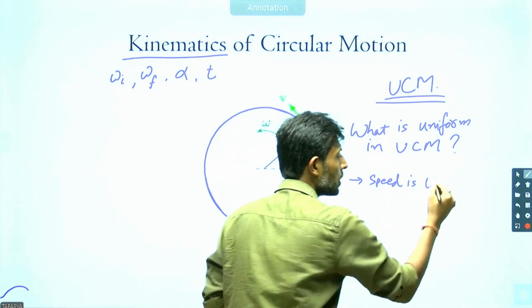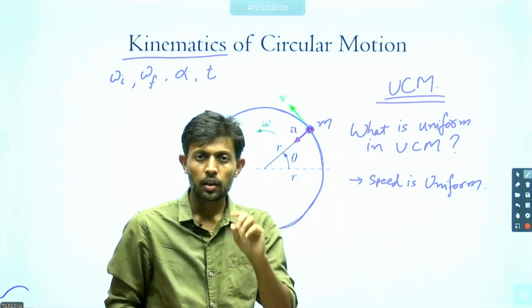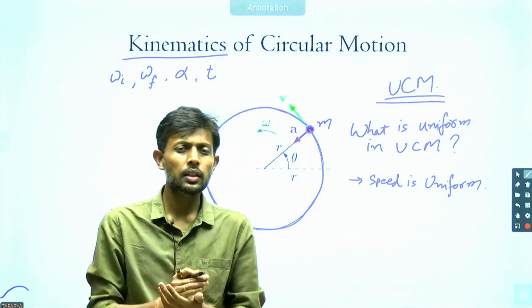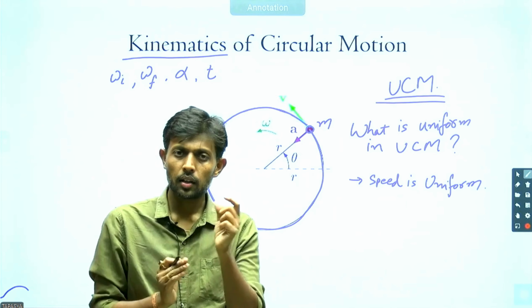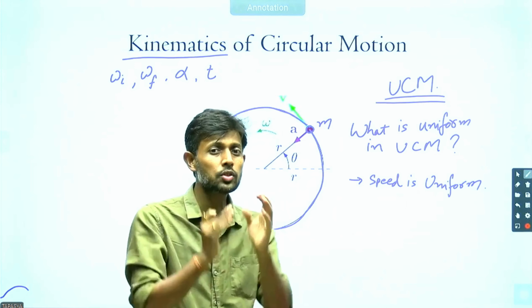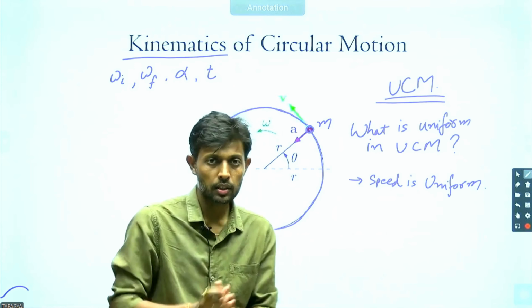Speed is uniform. Does that mean velocity is also uniform? Because velocity is speed and its direction. That combines to give us the physical quantity known as velocity.